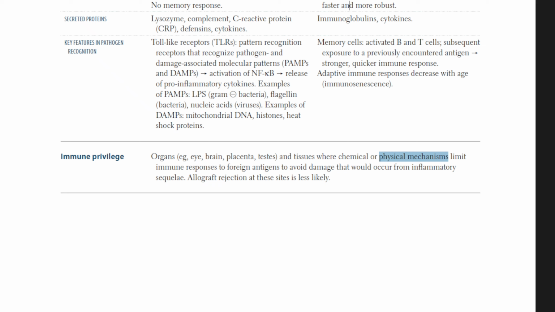In the eyes, like the brain, immune privilege is achieved through a combination of anatomical barriers, immunosuppressive molecules, and regulatory mechanisms. Another thing that could be important on your test: they could ask which of the following mechanisms explains why the eye has immune privilege.